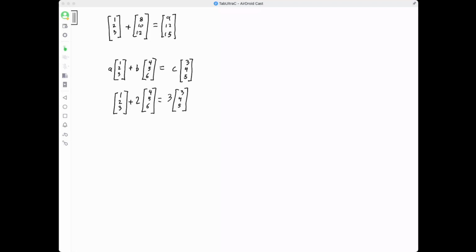But let's take this equation and add -3 times 3, 4, 5 to both sides of the equal sign. If I do it to the left side and the right side, I won't be changing the equality.